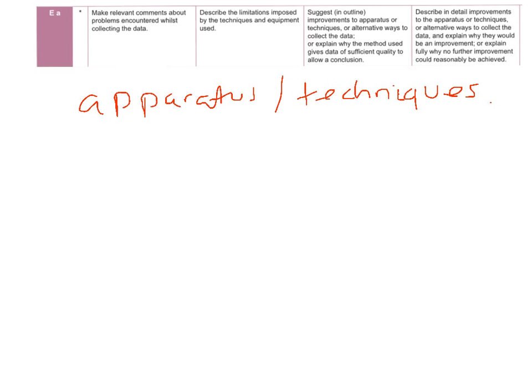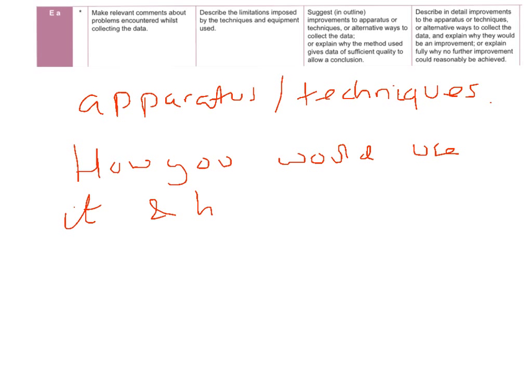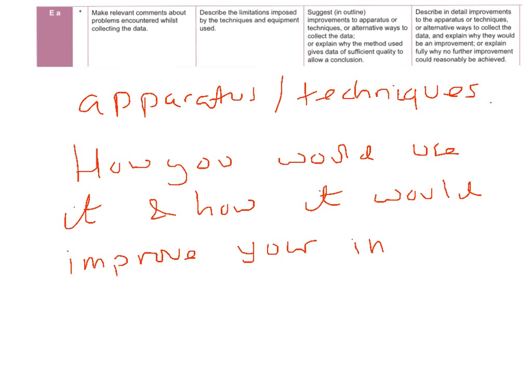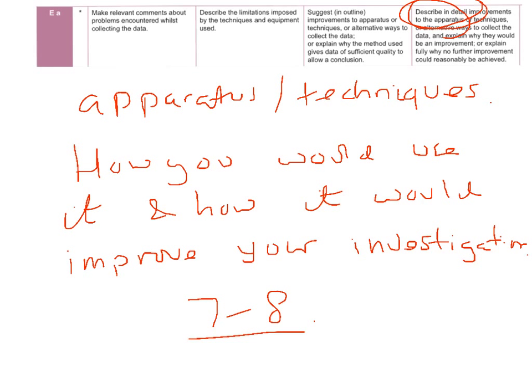The apparatus or technique, you must say how you would use the equipment and how it would improve your investigation. That's going to get you 7 to 8 marks. So don't forget, the point is it says describe in detail. So if you just kind of give an outline, you're just going to get this. Describe in detail.